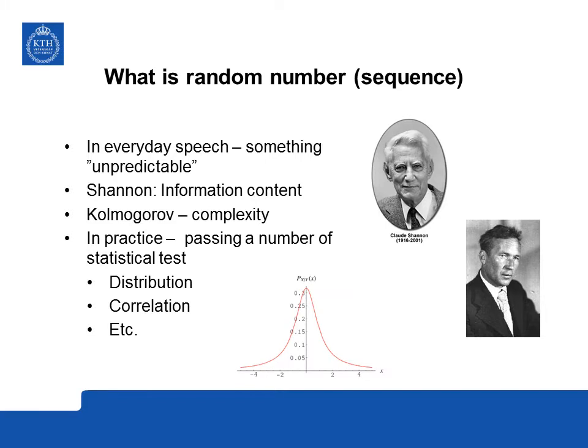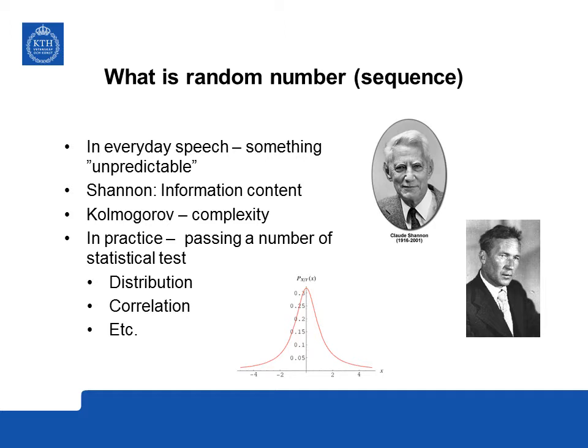Of course, in practice, this is a technical problem, and in practice we actually take a sequence of numbers as random if it can pass a number of statistical tests, if it has the right distribution, if it has the correlation property that we want, or other statistical properties.